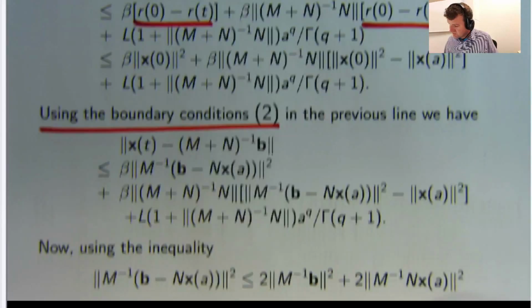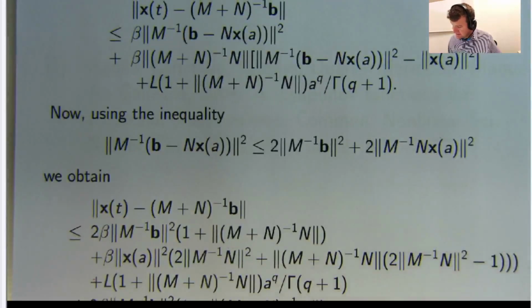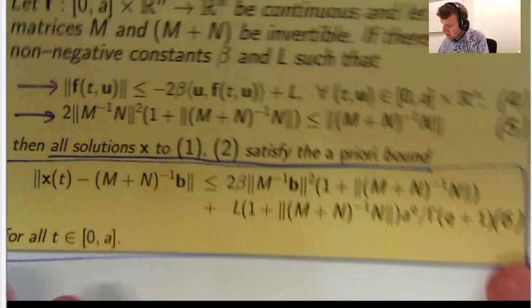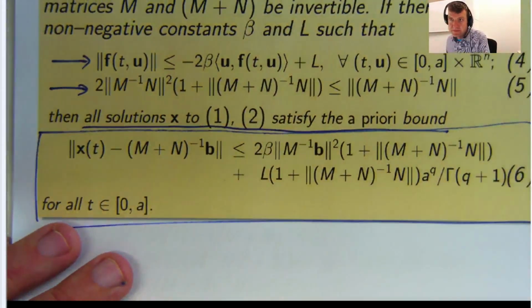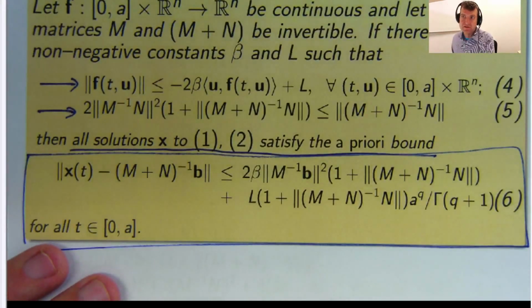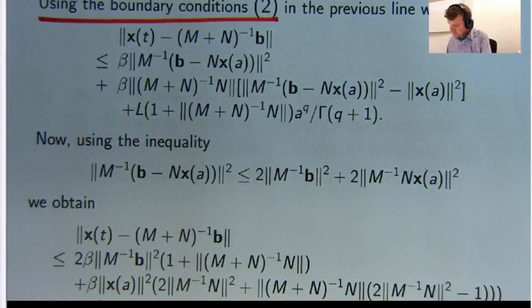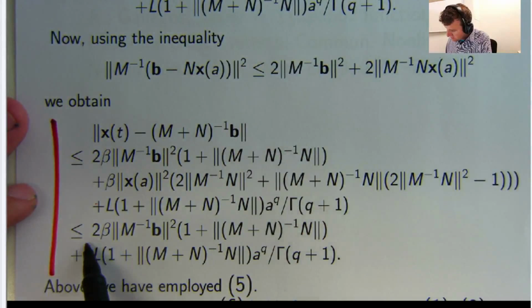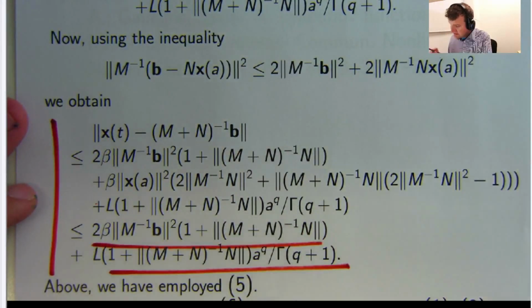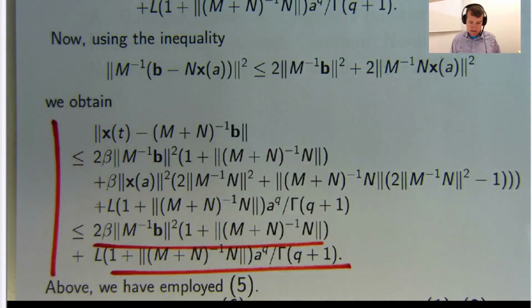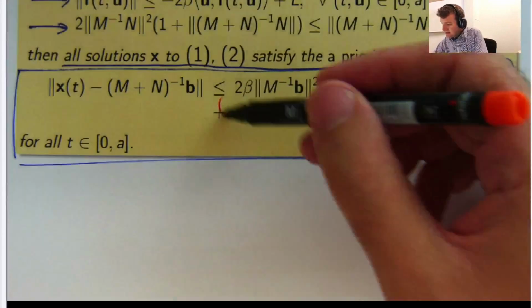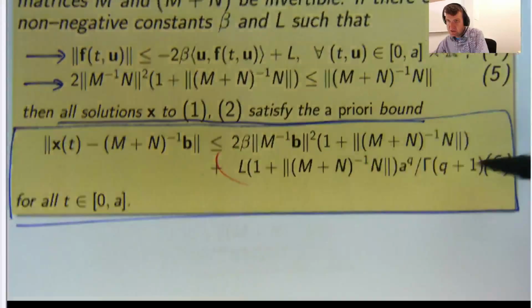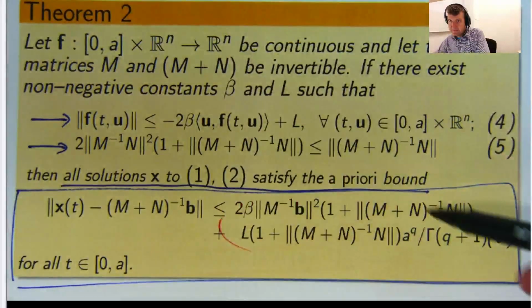So that means it'll disappear. On this page, I have used inequality 5. All right, so if you look closely, this and this is exactly the result here, or the conclusion.